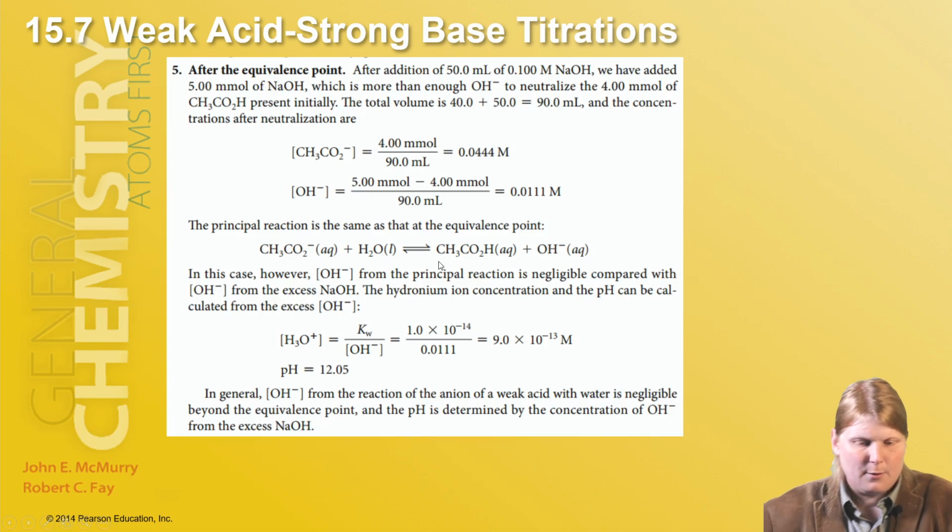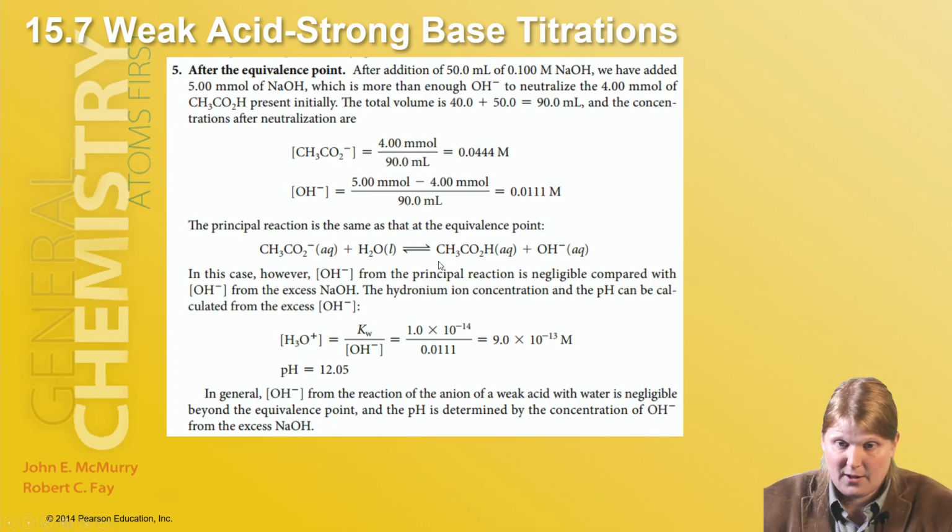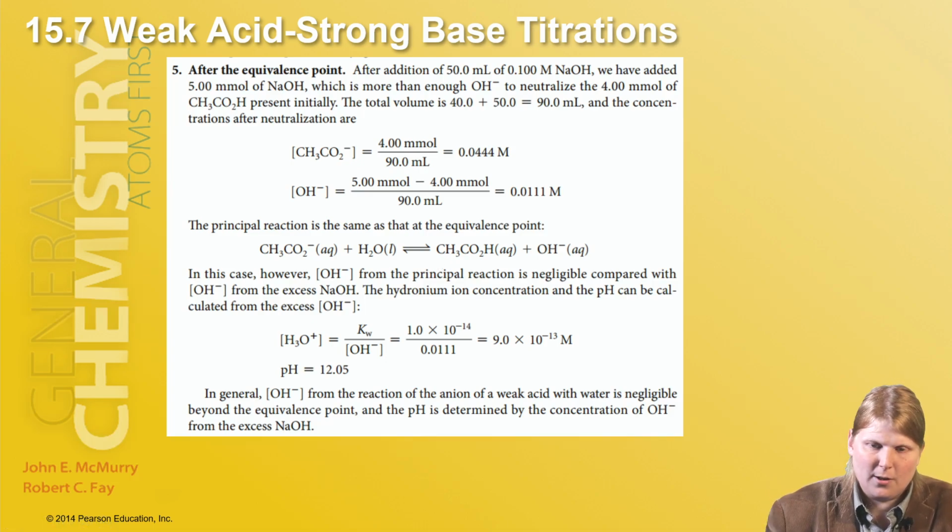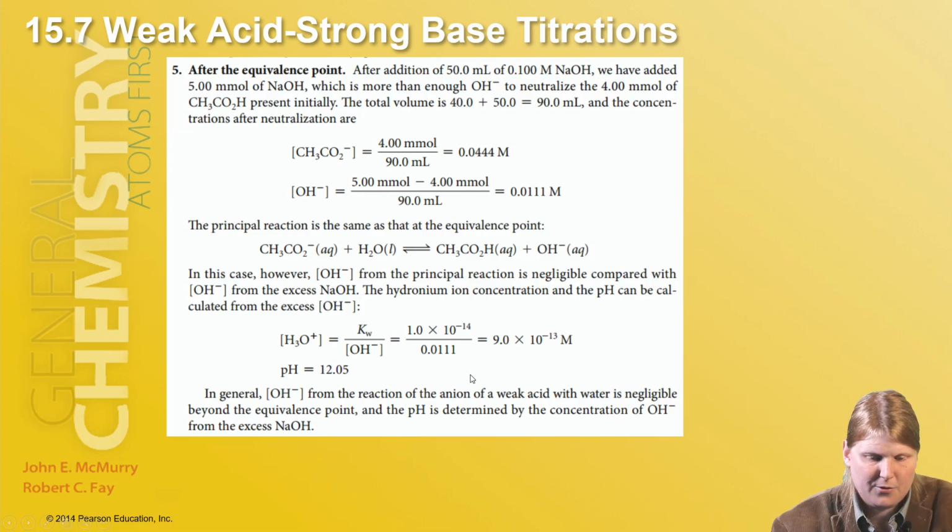So at this point, it would just be governed by the added hydroxide, unless it's just such a little amount that we could actually set up a real equilibrium for that. But generally, no. Generally, once we start going past this, the amount is so great that we can get the pH just from the added amount of sodium hydroxide. So that's what they put in here, the amount of hydroxide ion present.